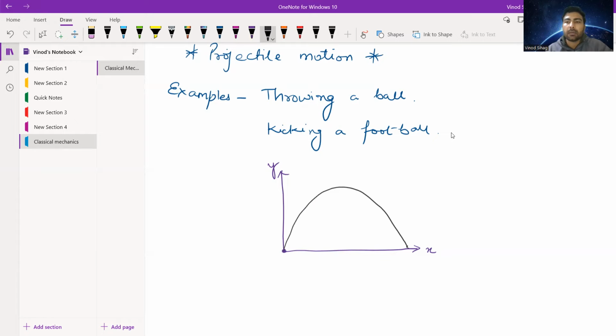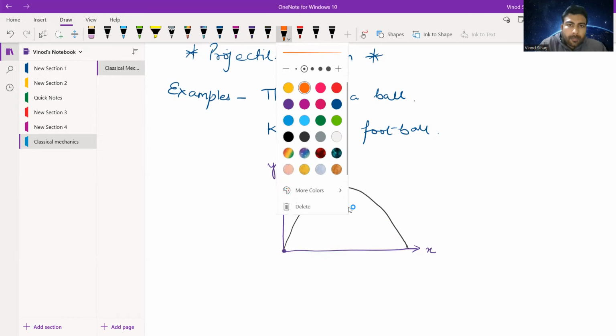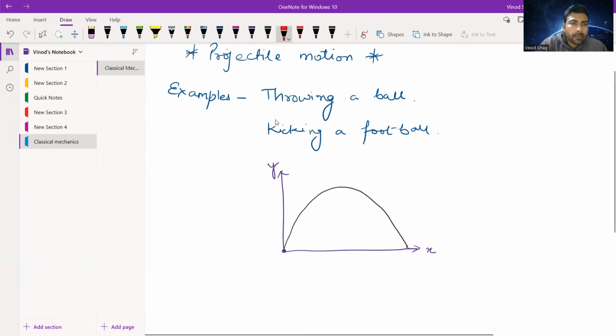Here we are assuming that we are throwing that particle, or projectile, with initial velocity u. So we are going to represent that by the velocity vector u, the initial velocity.